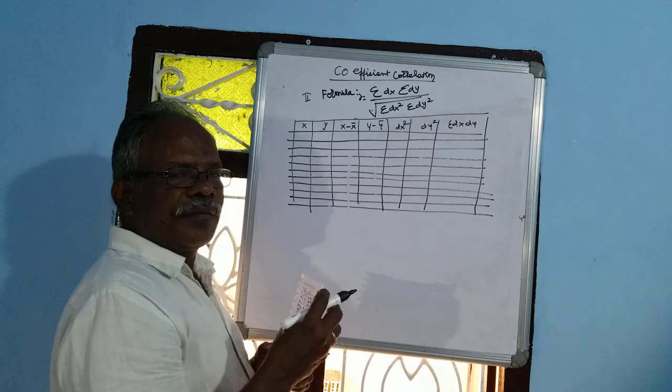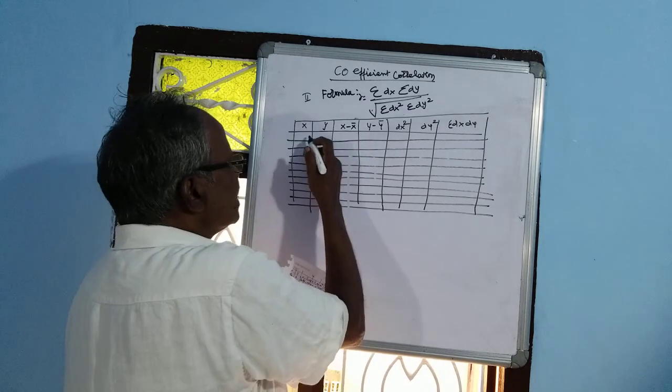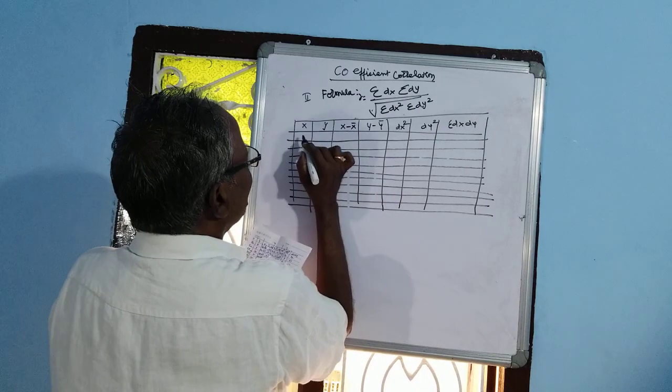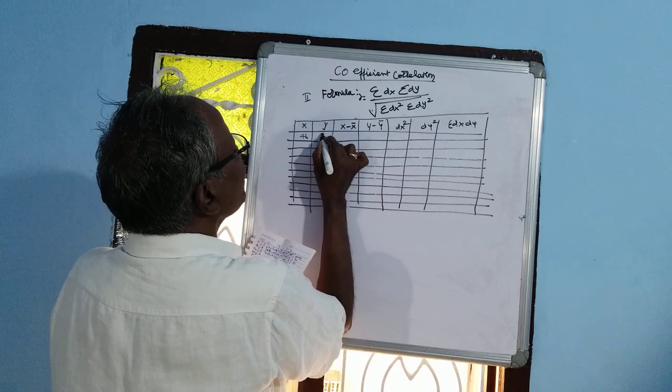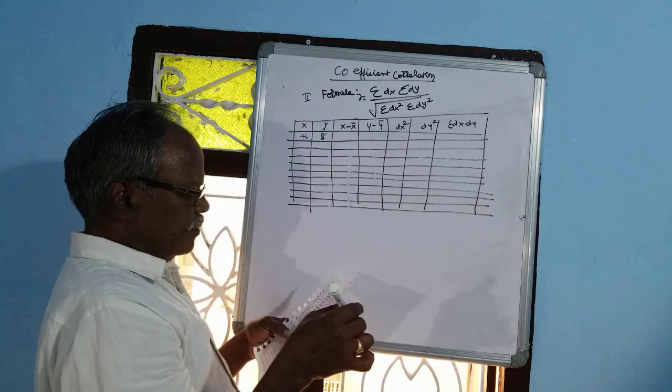The first fish weight is 46, then the length is 8.